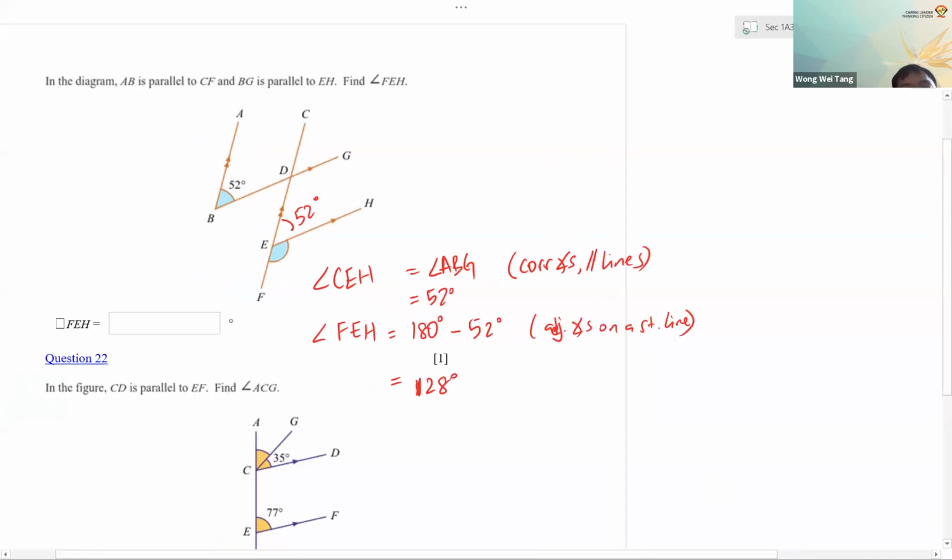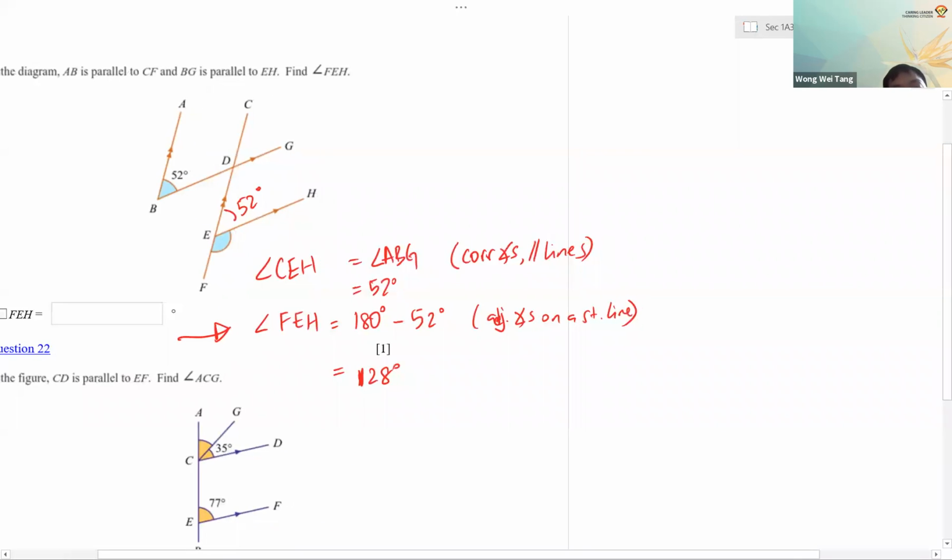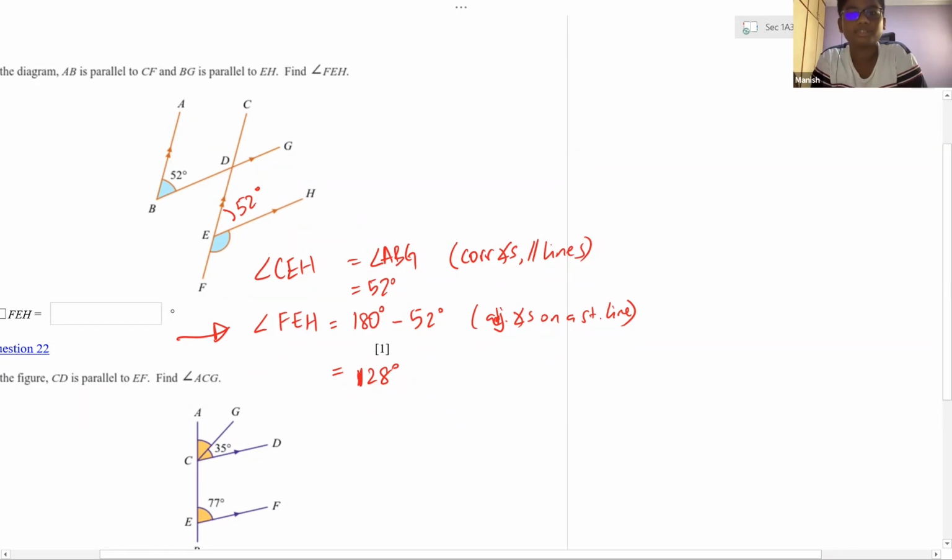Manish, is there a way we can improve on this second step? FEH is 180 minus 52, adjacent angles on a straight line. How many 52 degrees do you see on the diagram? Two.